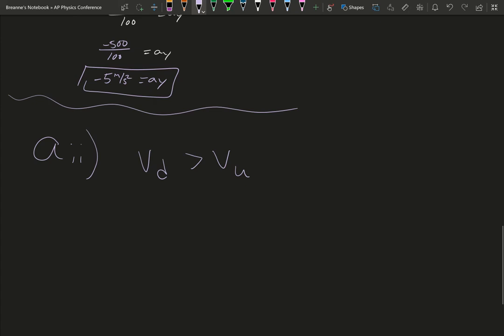So part B says, a student wants to know how the motion of the rock would be different if it was thrown upward at 15 meters per second from a height of 100 meters above Earth's surface.